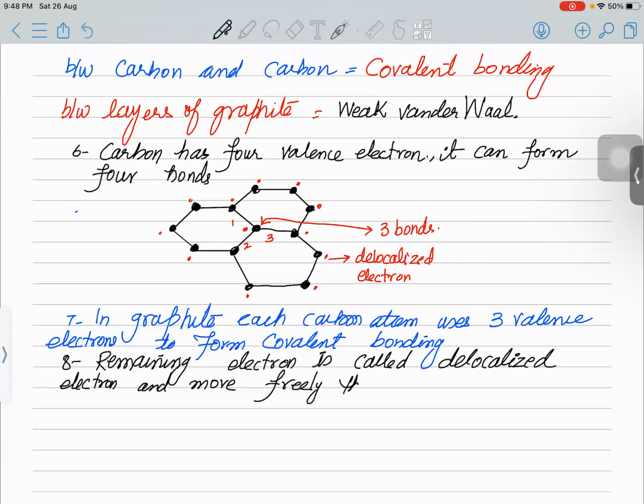That's why graphite is a good conductor.